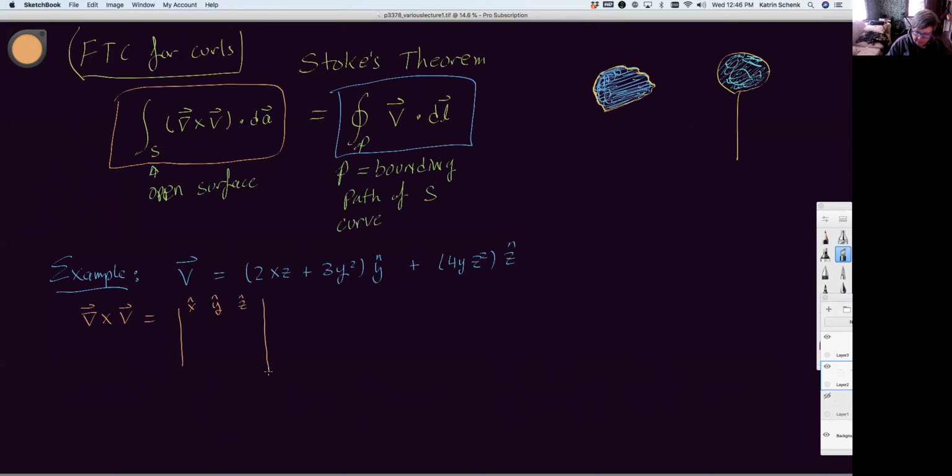And then we put the derivative, the first thing in the cross product goes here. So that's del x, the components of del. And then we put the components of v. Now I'm going to write them as vx, vy, and vz.